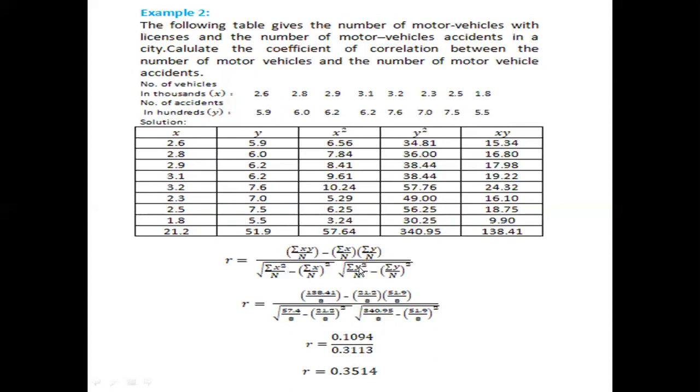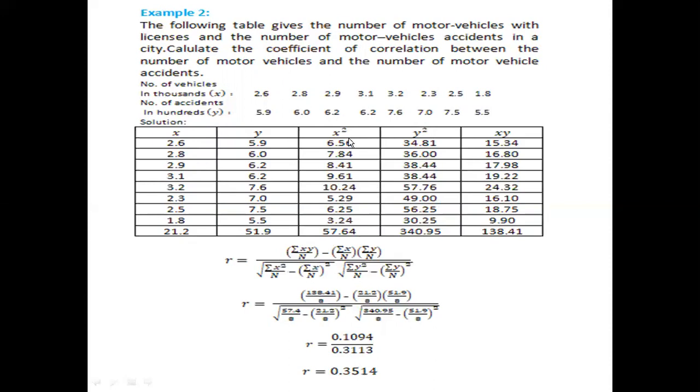And next, since summation y square is present, find the fourth column as y square, and next x into y, so the last column will be x into y. So this 21.2 is a summation, that is, the addition of all these values. Similarly, this gives 51.9 as summation y, and this is summation x square, this is summation y square, and this is the last summation xy.